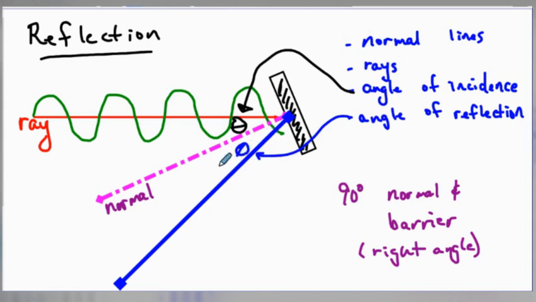So the angle of reflection is between the normal and the ray of reflected waves. And the angle between the incident ray and the normal line is the angle of incidence. And these angles will be equal. So the angle of reflection is going to equal the angle of incidence.